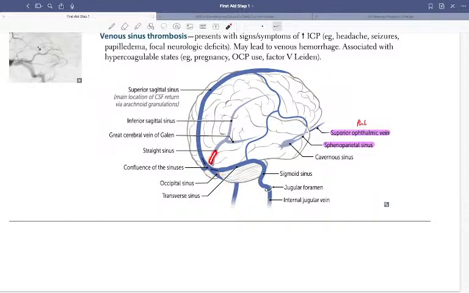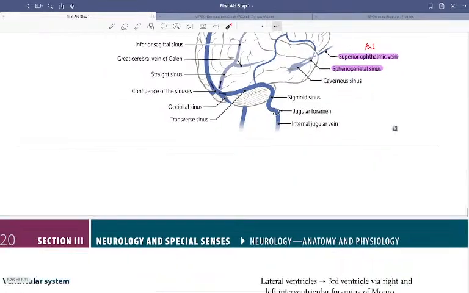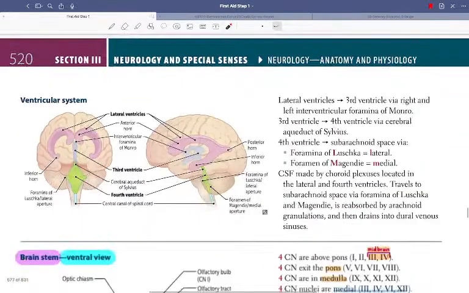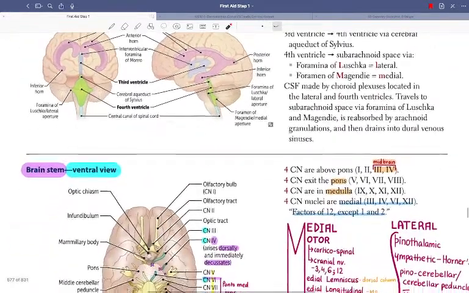Then the great cerebral vein of Galen, the inferior sagittal sinus, and the superior sagittal sinus going down like this. And these three are very important: the superior ophthalmic vein, the sphenoparietal sinus, and the cavernous sinus. Very, very important.